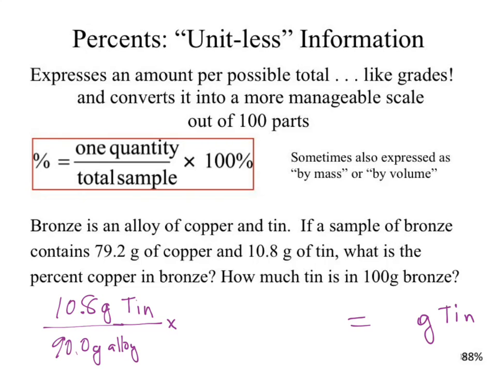Bronze is alloy. What does that mean? We've got 100 grams of our alloy over 1 again. What happens with our units? Cancels, and what do we get for our answer? Our grams of tin.